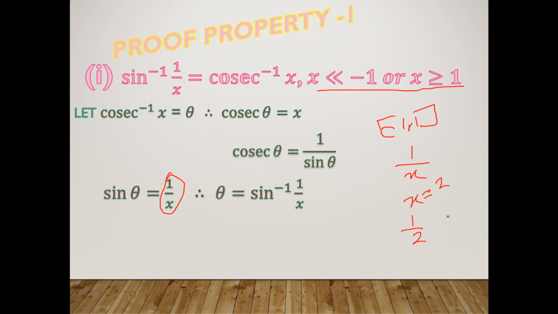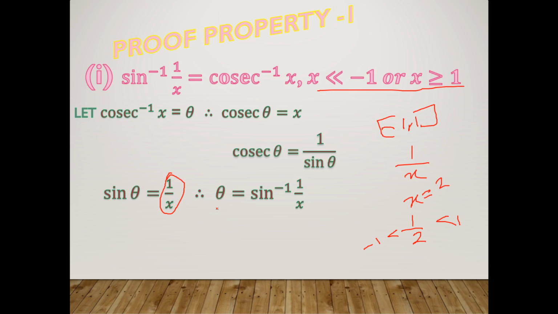This will be 1 by 2, and we all know that 1 by 2 is between minus 1 and 1, less than 1 and greater than minus 1. That means if you take such values from here, then 1 by x always lies in this interval minus 1 to 1, including these two values minus 1 and 1. That means 1 by x is in the domain of the sin inverse function.